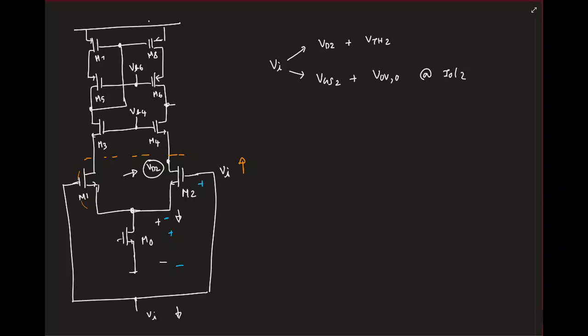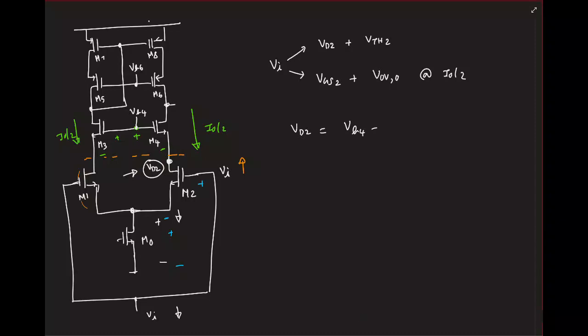Yeah, in the last class we just looked at it. You see that we have a current I naught by 2 in both the branches. So which means you need to maintain a particular gate to source voltage across these guys. So if the gate is at a voltage VB4, what will be this voltage VD2?